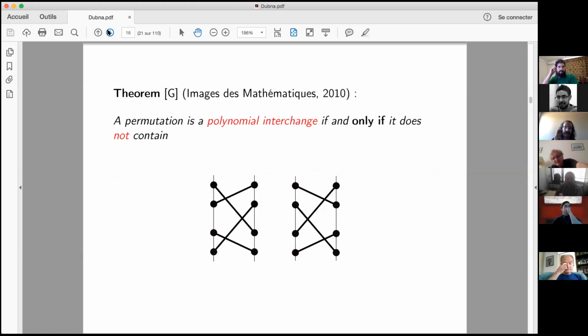You have 4 points on the left, 4 points on the right, and you see that if you take 2 consecutive black dots on the left, their images are not consecutive on the right. And that's the key point. If you want a permutation which is eligible as a polynomial interchange, you must have at least 2 black dots which are consecutive on the left and whose images are also consecutive on the right.